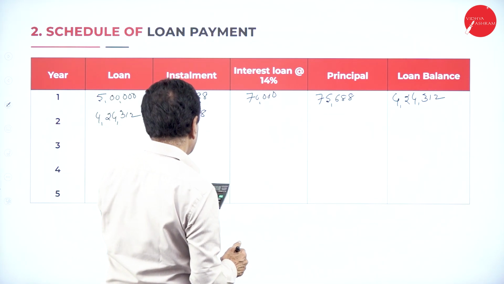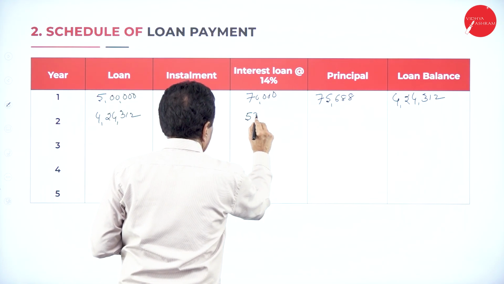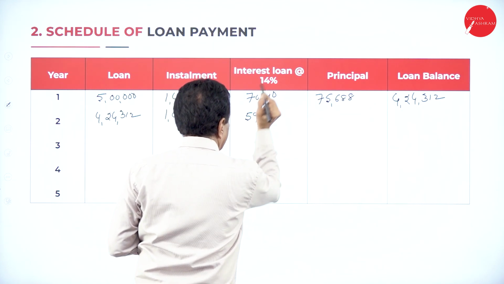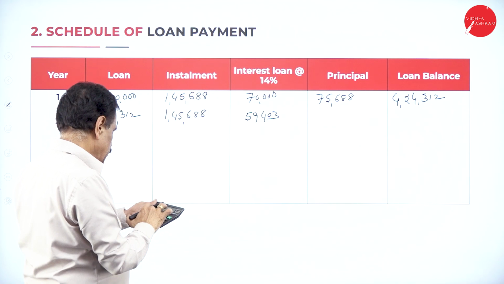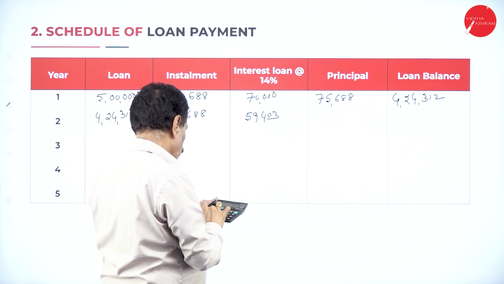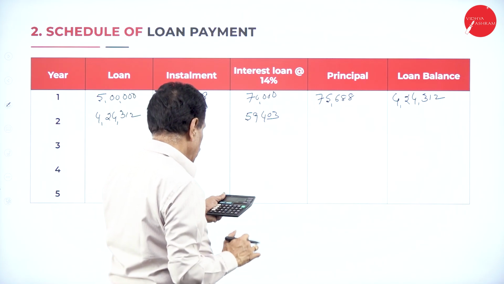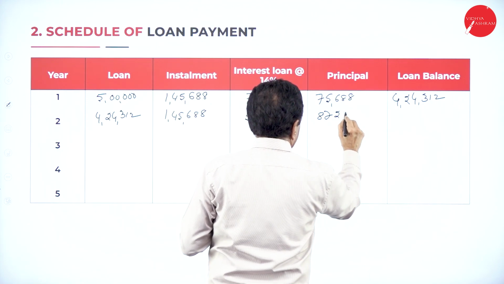So 59,403. That is the interest, which is included in 1,45,688. 1,45,688 minus 59,403 is 87,285.